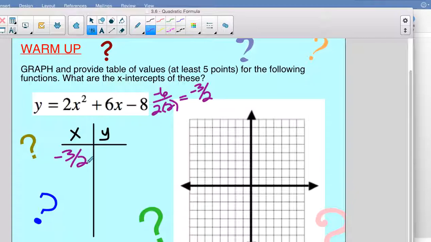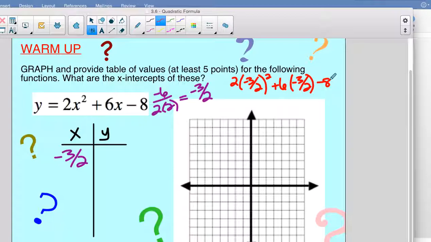And then we need the y-coordinate just by plugging it in. So when we plug it in, we're going to get 2 times negative 3/2 squared plus 6 times negative 3/2 minus 8. And then negative 3/2 squared is just going to be 9/4.